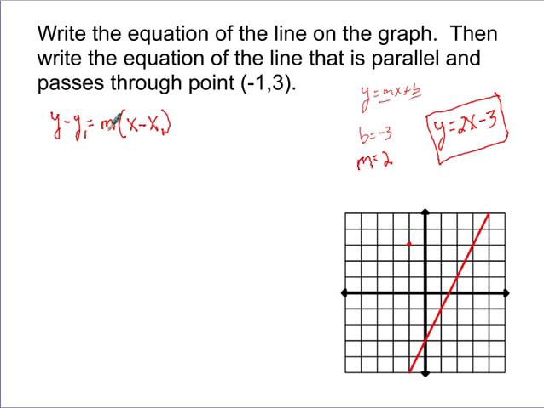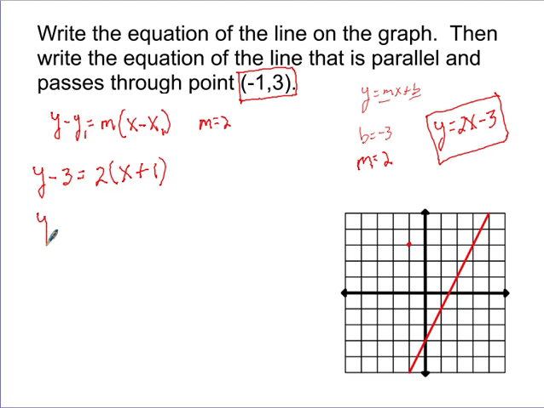We already know that the slope is 2 because it's got to be parallel to this line, so m is going to be 2. And I've got this ordered pair to fill in for the y1 and the x1. So I would use this form, y minus 3 equals 2 times x. Since this is negative, it would be plus 1.